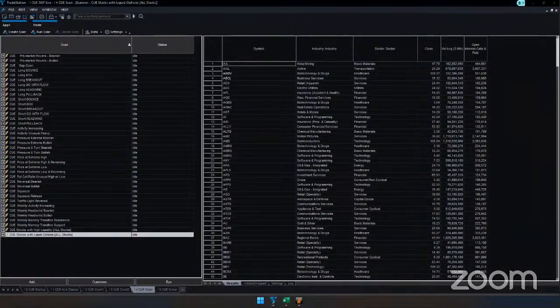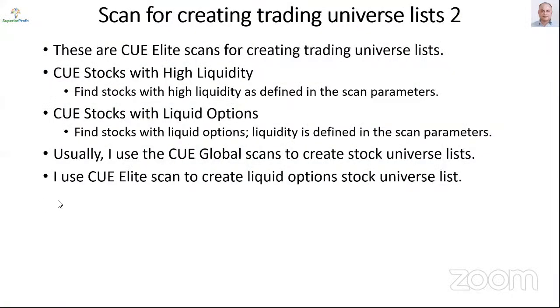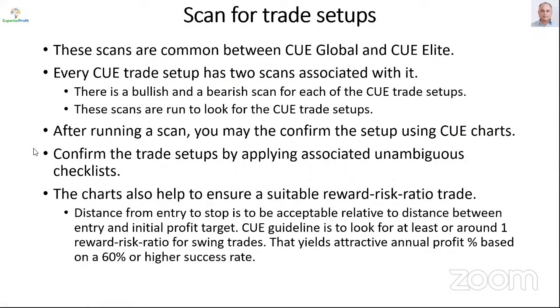Let's go back to the presentation. Next is scan for trade setup. These scans are common between Q Global and QElite. Every Q trade setup has two scans associated with it. There is a bullish scan and a bearish scan. These scans are run to look for trade setups.